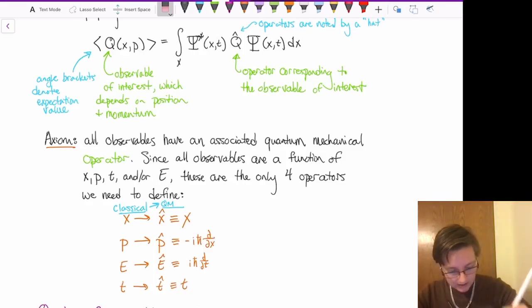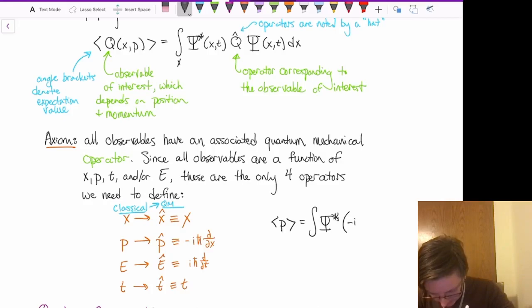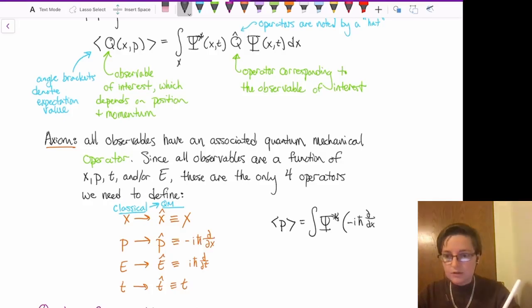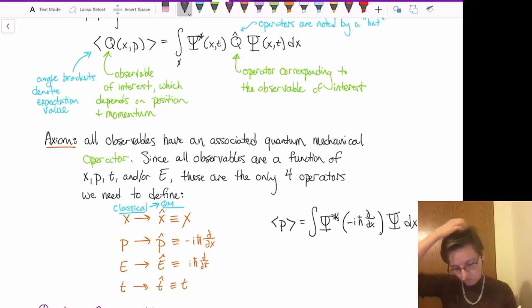But if we wanted to substitute this into Ehrenfest's theorem, hopefully it'll become more clear what it means to think about the expectation value of p. So just like before, we're going to have psi star, negative i h bar d by dx, because I'm substituting in on the right-hand side of my equation my operator, psi dx.